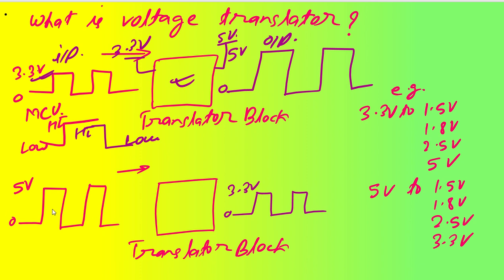Let us say we have an input from a microcontroller, or some of the target signals, like RS232, RS485, or I square C signals. This input can be of 5 volt logic levels, and we have to convert it to 3.3 volt. So that's the main understanding we should have: what kind of translator block we should put. It must be compatible with changing one voltage level to another.